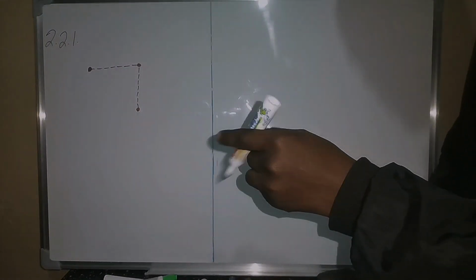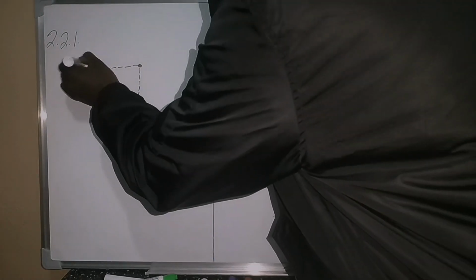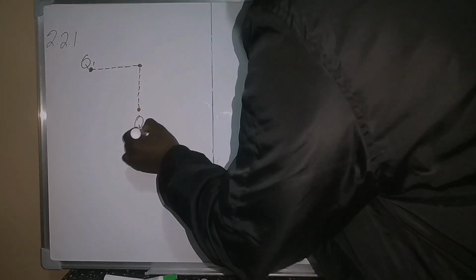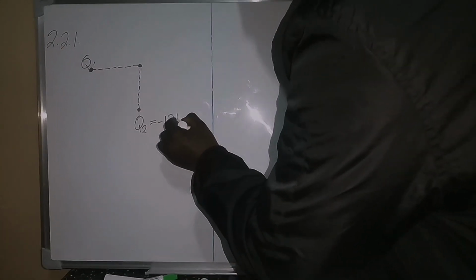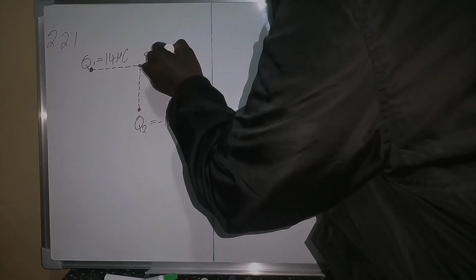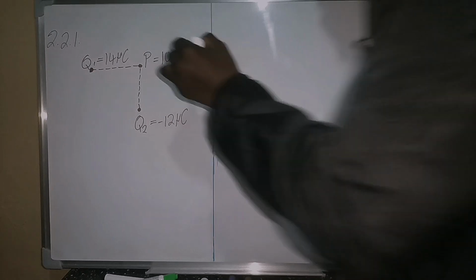Now there's Q1, the very same charges, equal to negative 12 microcoulomb, and this one is equal to 14 microcoulomb, and we have a point P here. This point P is equal to 10 microcoulomb. Guys, the question says that you must calculate the magnitude of the net electrostatic force.